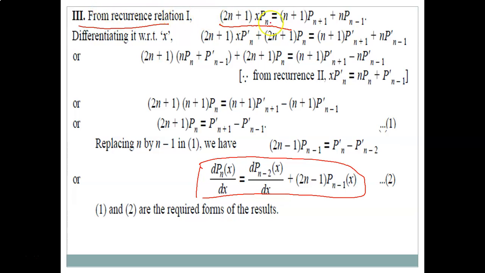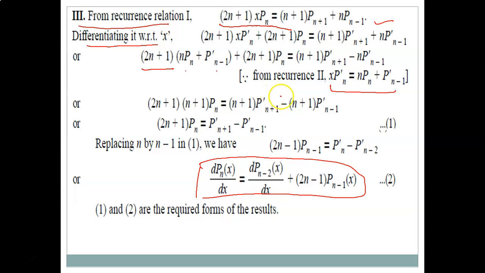For example, from recurrence relation 1 we know this, and differentiating it with respect to x we get this expression, or we can write it in this way. Again from relation 2 we know this term. So using all these values, here you have (2n+1) n Pn plus Pn dash, n Pn plus Pn minus 1 dash.